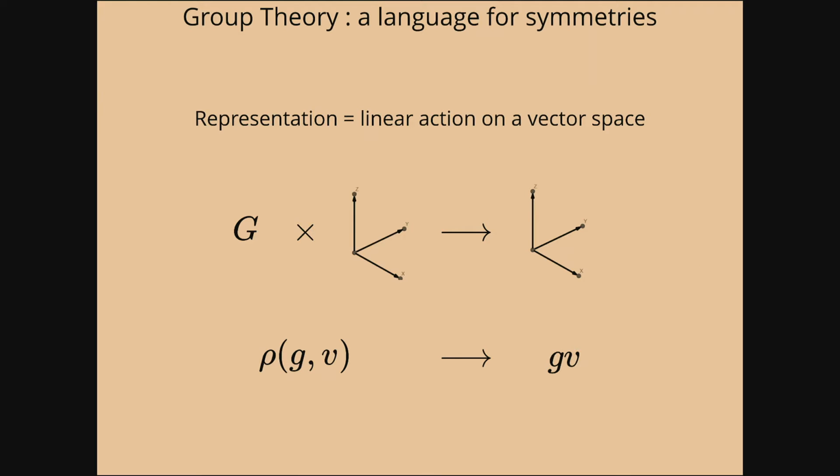So now I have a linear action of a group on a vector space. What do I mean by linear action? It's what you assume it is without even knowing the definition. So don't worry about it, just linear, like linearity in the most common sense. So actually you have a vector space and you act on it with a group.